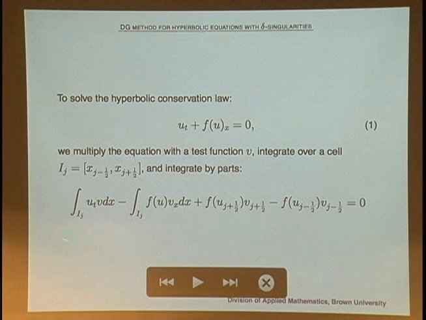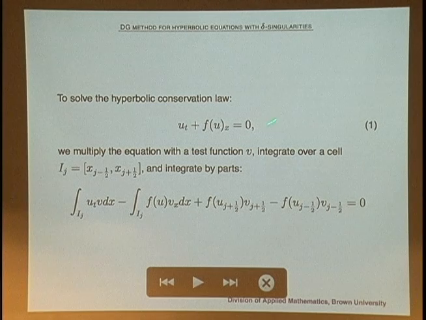You integrate it over a cell; you cut the computational domain into individual cells and integrate over one cell. And you integrate the second term by parts, which generates these two interface terms. These two terms are sitting on the boundary between two cells. This is still an identity satisfied by the exact solution, multiplied by an arbitrary test function v.